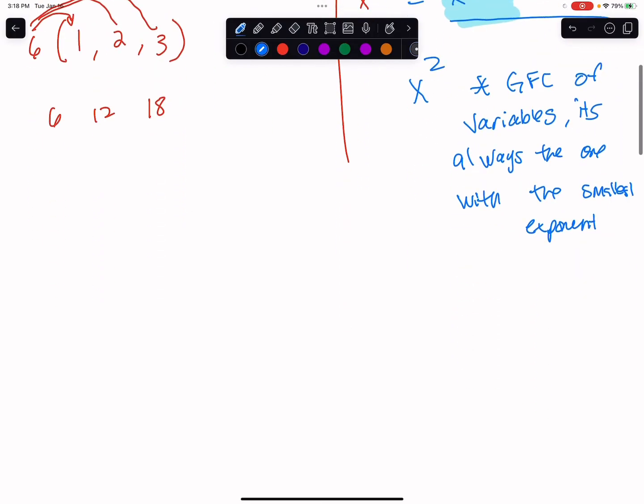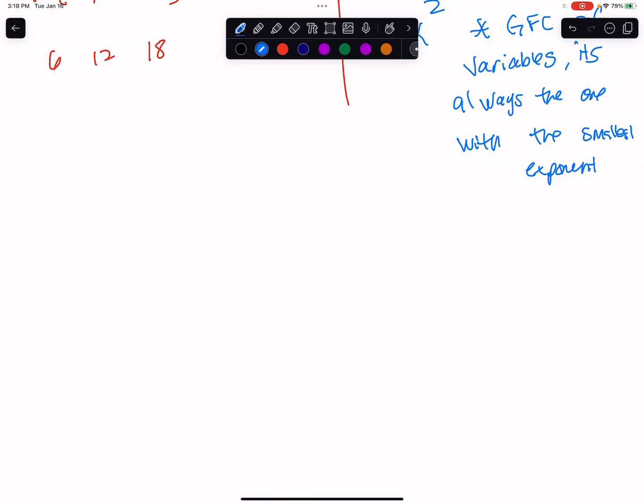So, for example, let's say I were to throw this one at you where you don't want to write all these out. Let's say I did x to the 25, x to the 75, x to the 92. The greatest common factor out of those is going to be x to the 25. Because they all have at least 25 x's. This one is just its max. So that's the key, okay?